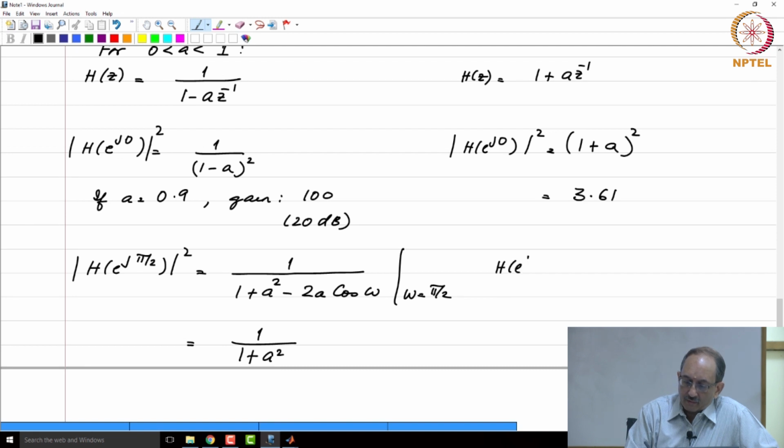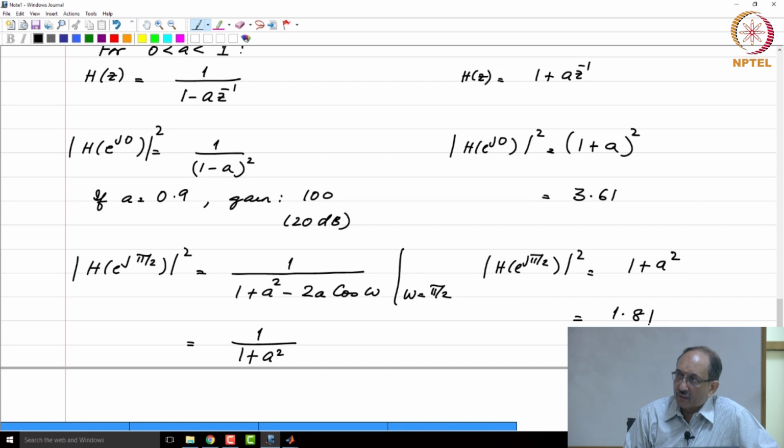And |h(e^{jπ/2})|² is 1 + a² as before, and this turns out to be 1.81 because a is 0.9.